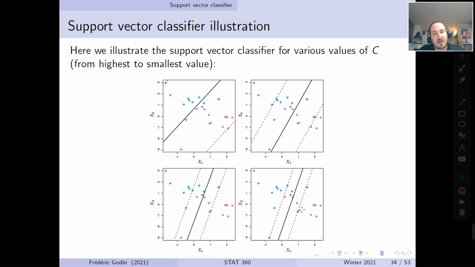But when C is super large, basically all the data points fall into the margin. So there are a lot of support vectors, and the solution of the problem is much more robust than in this case here, where probably if you change a few of these data points, you get an answer which can vary a lot.